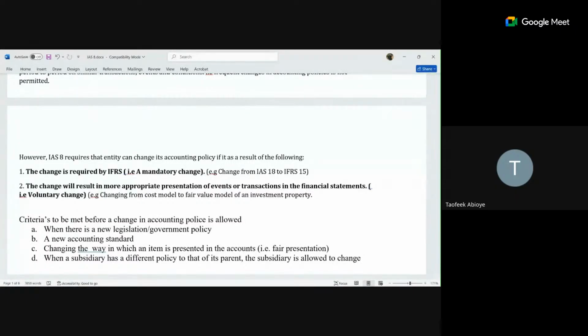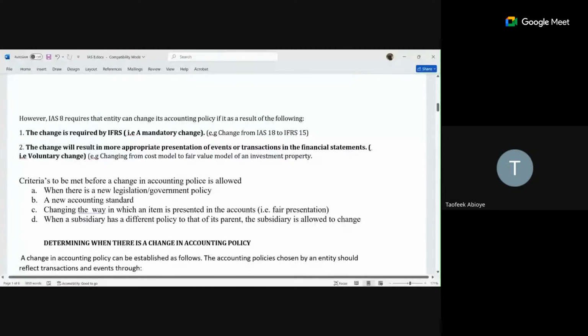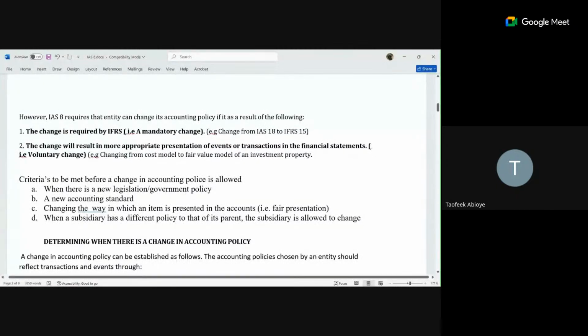So you see this criteria, it has been tested over time. I've asked people what are the criteria, what are the conditions that can make an organization change their accounting policy. Number one is when there is new legislation or government policy, when government says, okay, you stop doing this and you start doing it that way. So then that change must occur.